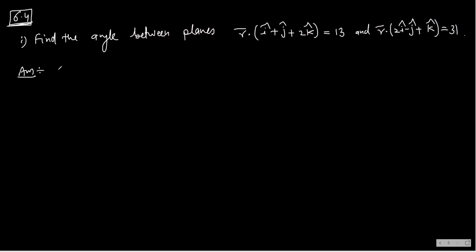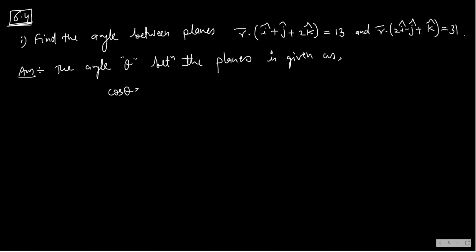The angle theta between the planes is given as cos theta equals mod of N1 bar dot N2 bar upon magnitude of N1 bar multiplied by magnitude of N2 bar.